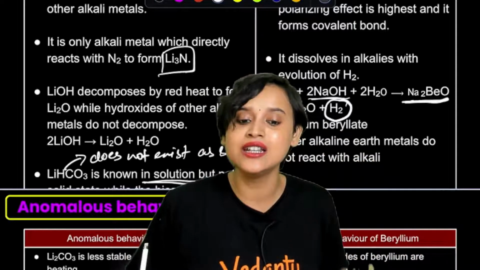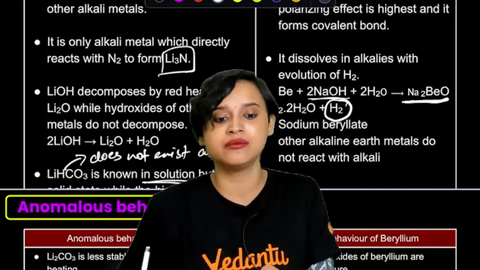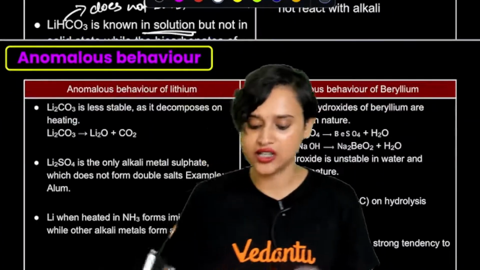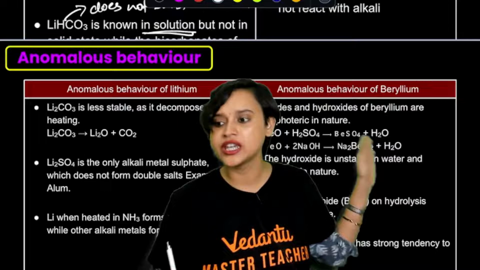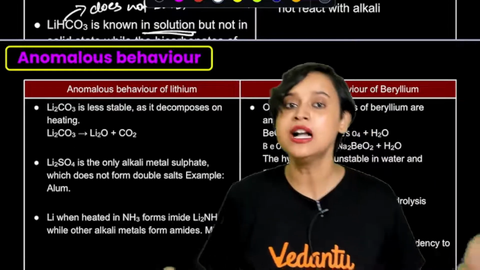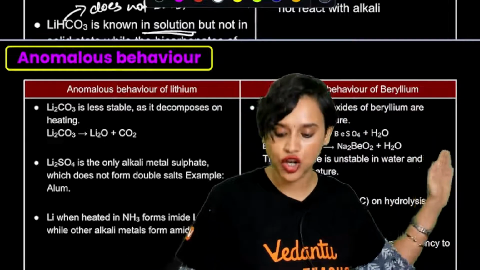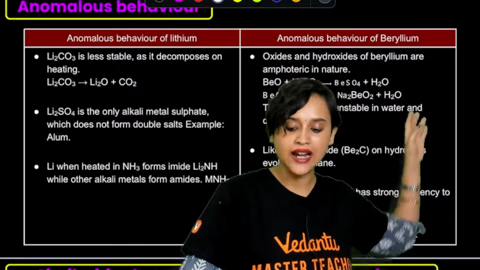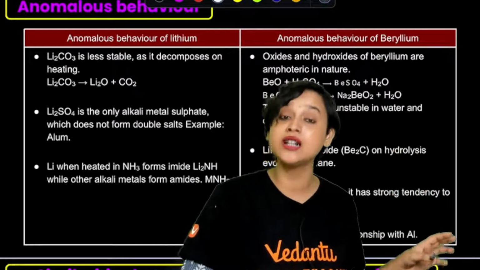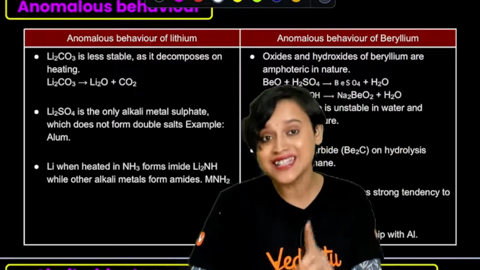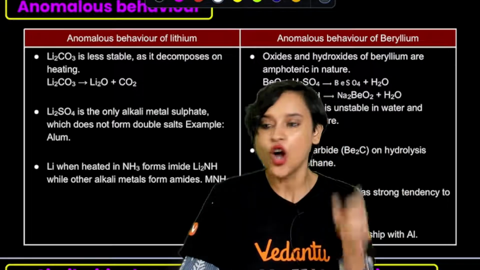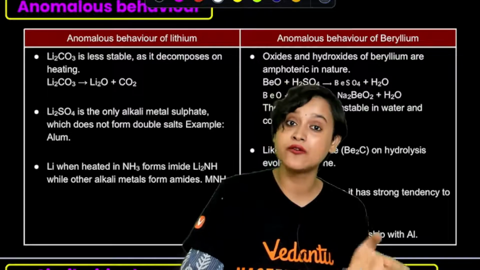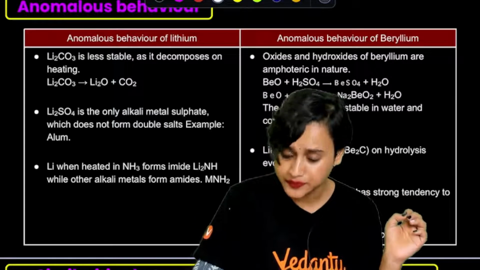Whereas the other alkaline earth metals do not react with alkali. This behavior is only shown by beryllium. Okay. All right, everybody. Then we also know that oxides and hydroxide of beryllium are amphoteric in nature, which is once again not seen anywhere else. All the other alkaline earth metals form basic oxides, isn't it?